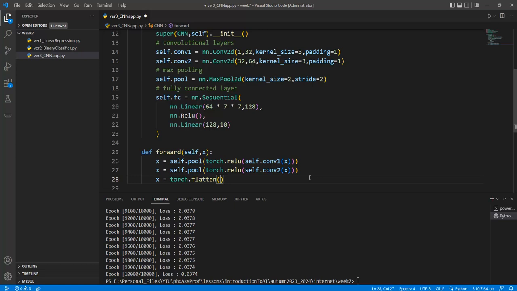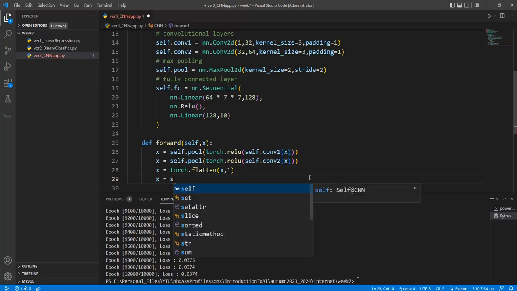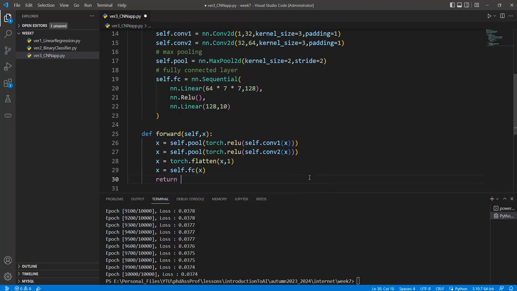Because we need to utilize these terms in a 1D form, because we have the fully connected layer, right? Okay, x and 1. And after that, x should be assigned with self.fc with the parameter x and return x, right? Or we can directly return these terms. This is identical, right?